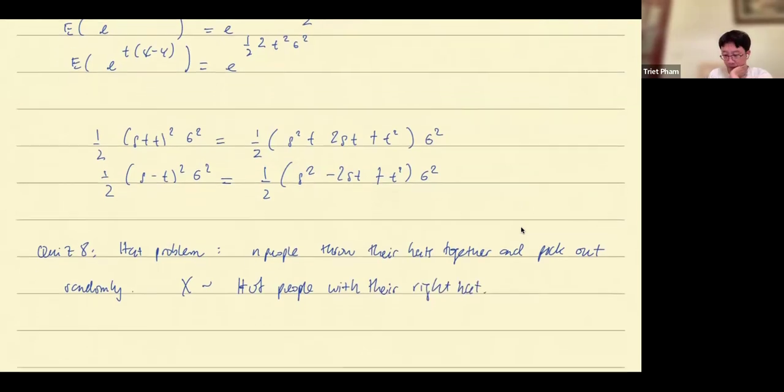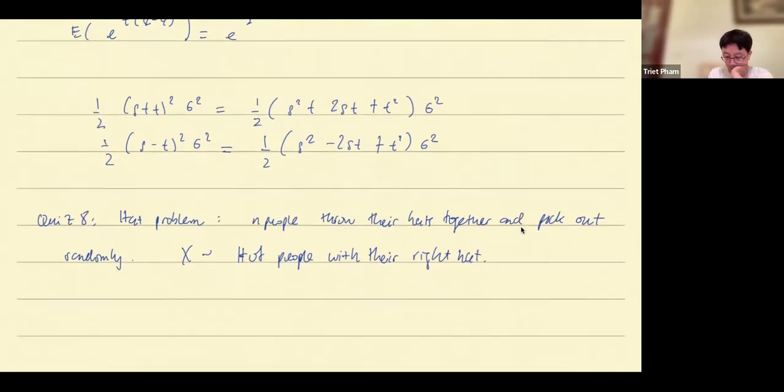Okay. And so we know how to work with x before. We split x into a sum where each term x_i just indicates that the ith person gets the right hat.